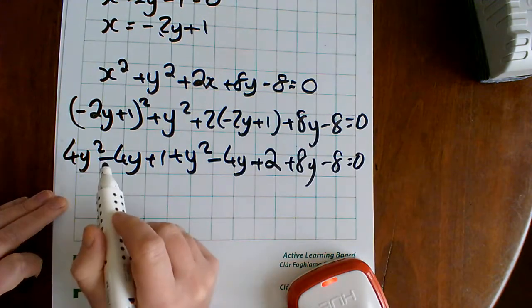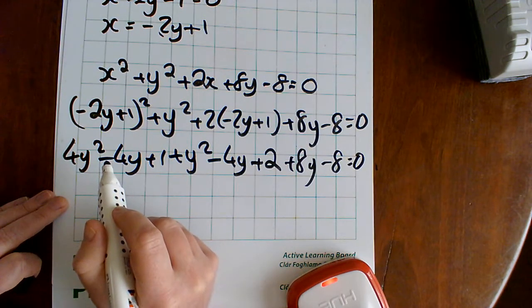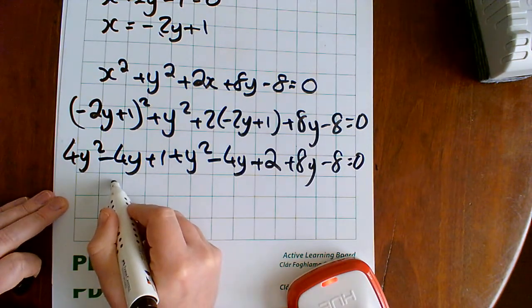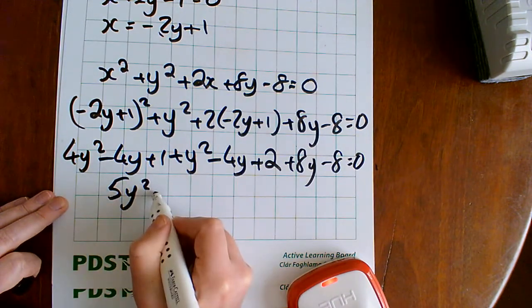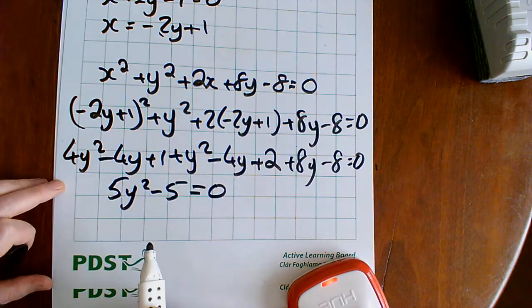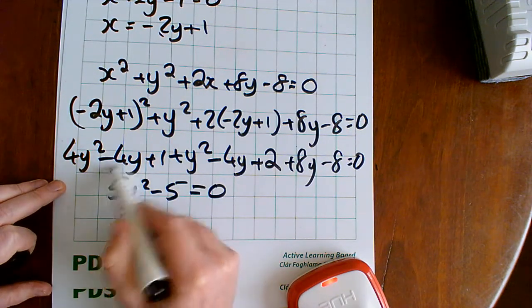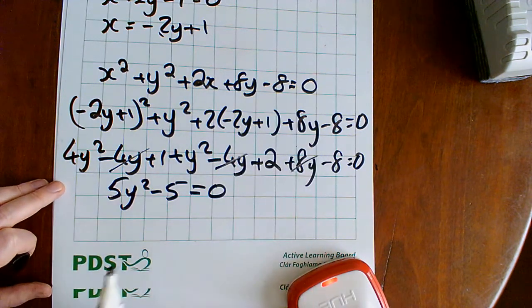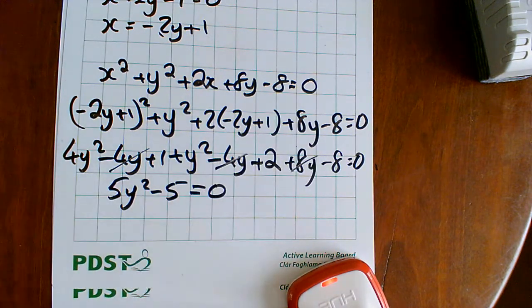And when I simplify that down, I get 5y squared minus 5 equals 0. Obviously the minus 4y, the minus 4y and the plus 8y cancel, and that's where that disappears.